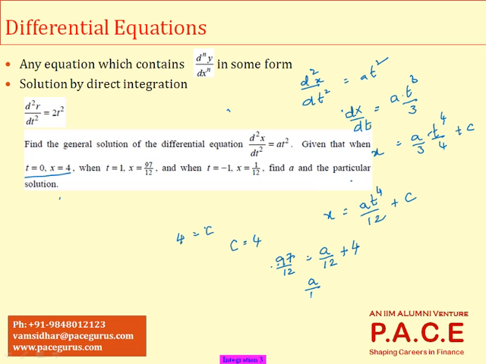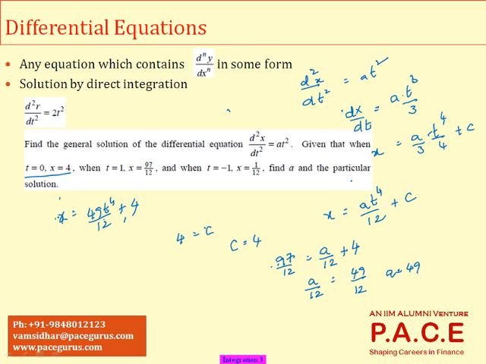So a by 12 is equal to 97 by 12 minus 4. 97 minus 48, 49 by 12. So a is working out to 49 here. So it is directly coming out to us that x equal to 49 t power 4 by 12 plus 4.